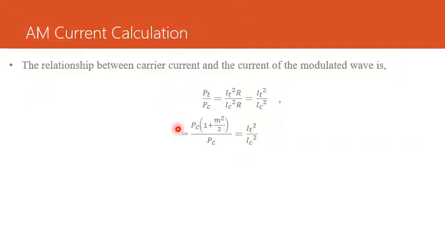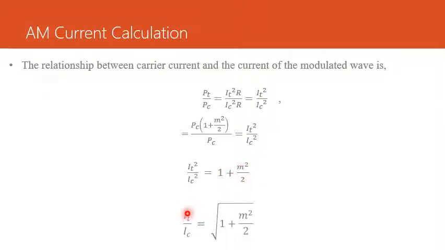In the previous slide, we already derived the expression for PT, which is equal to Pc into 1 plus m square by 2. If you substitute the expression for PT in this relation, it becomes Pc into 1 plus m square by 2 divided by Pc, which is equal to IT square by IC square. Both the Pc got cancelled. So IT square by IC square is equal to 1 plus m square by 2.